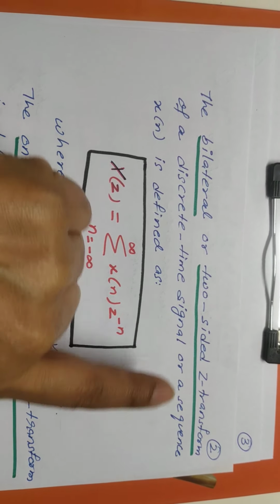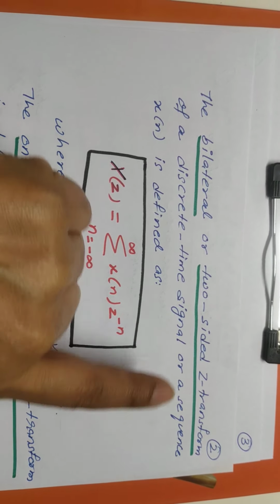Now this definition is used for the bilateral or two-sided Z transform, where x of n, this small x of n, exists for both sides, that is for positive n side as well as for negative n side, and z, as we have already discussed, is nothing but a complex variable.